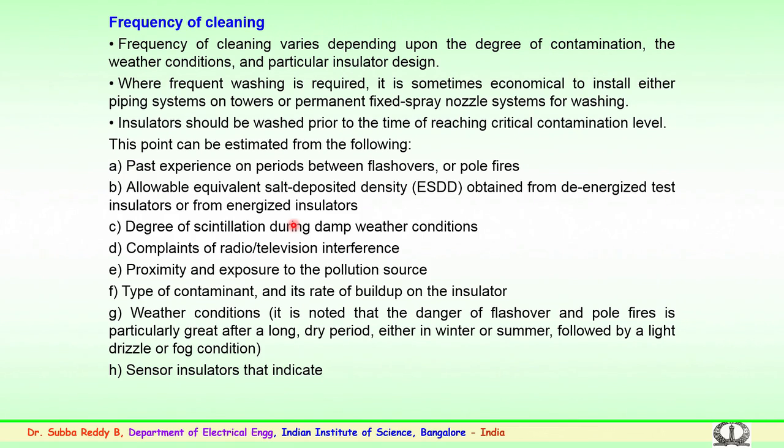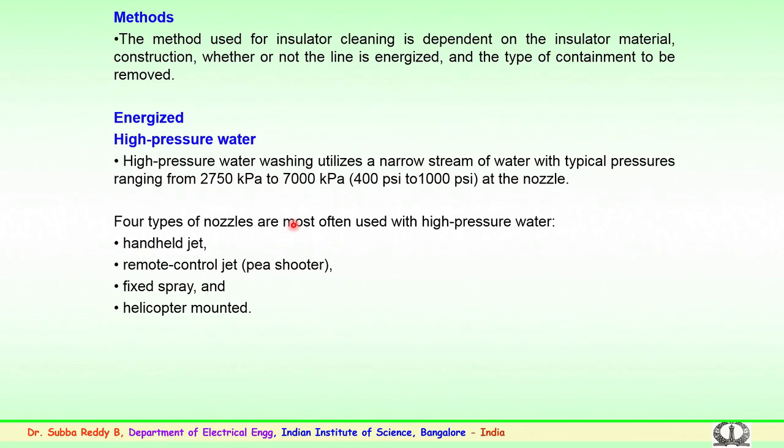So, several of these pieces of information have to be considered for the frequency of cleaning the insulation. Methods. The method used for insulator cleaning is dependent on the insulator material, construction, whether or not the line is energized, and the type of contaminant to be removed.